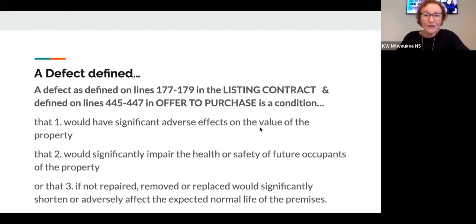And I think it's done on purpose so that if a defect is not in agreement between parties, it eventually does go to the courts. So in their wisdom, a defect is defined on lines 177 to 179 in the listing contract and in lines 445 to 447 in the offer to purchase. They have the same definitions.